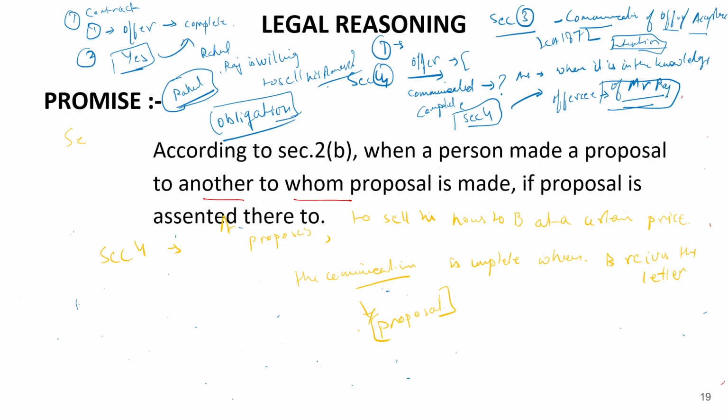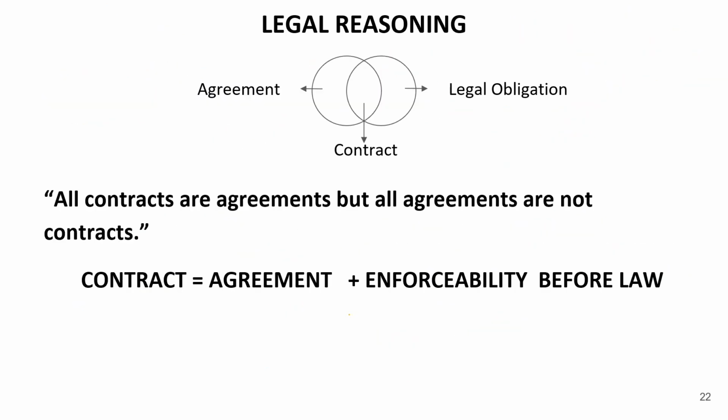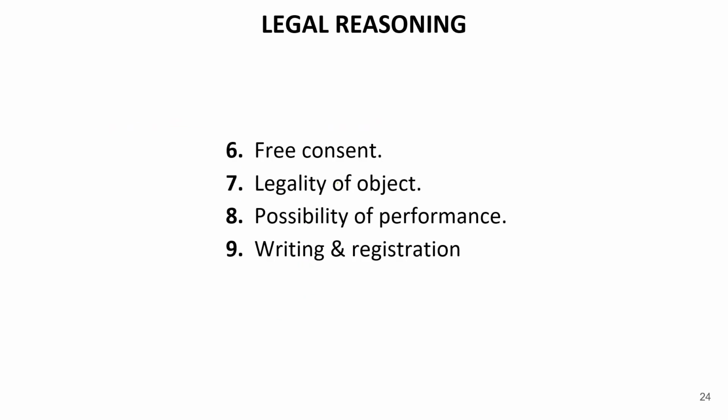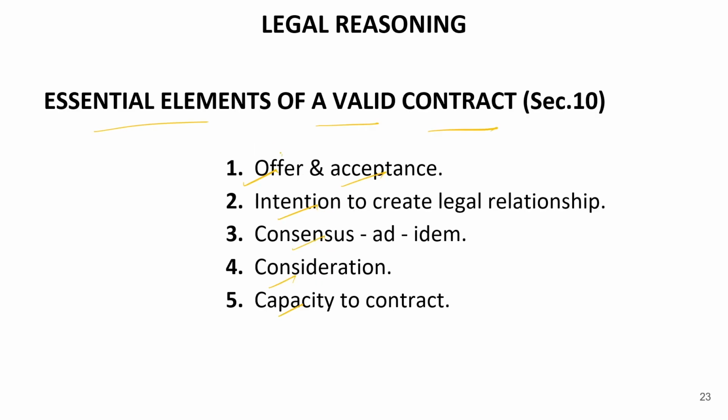So while we talk about the essential elements of the contract, these are the essential elements: offer, acceptance, intention, consensus ad idem, consideration, capacity, free consent, legality. The very first thing we need to understand is offer and acceptance, which we have already studied.